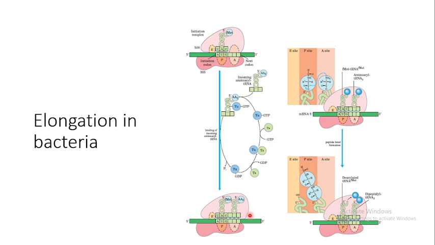So now in the next step, in the A site the amino acid tRNA AA2 is there, and in the P site the amino acid tRNA fMet is there, right? Which was formed through the initiation step.